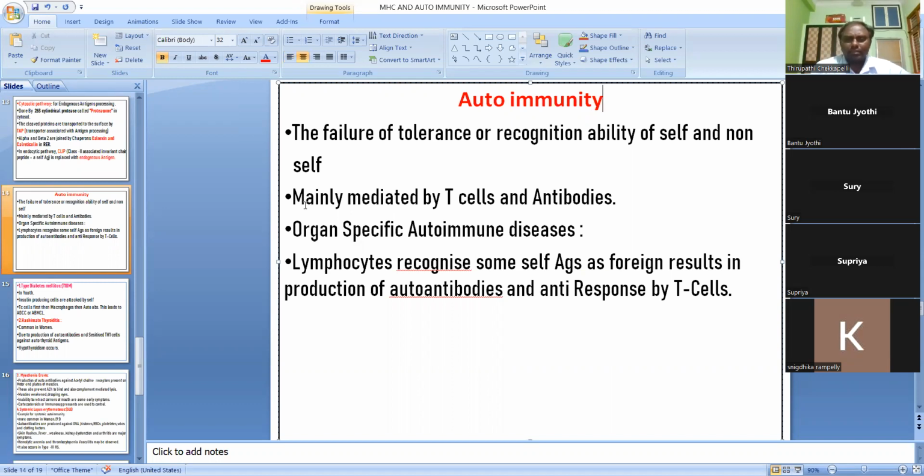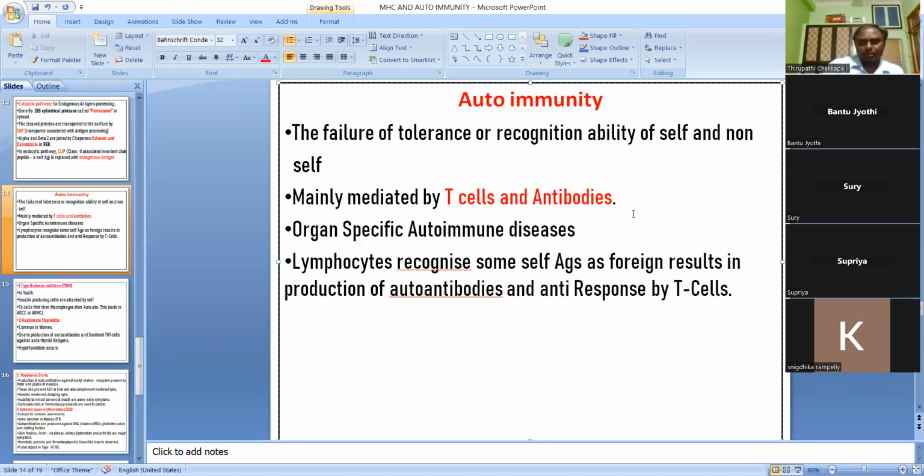Here there is no role of the innate immunity. Only T cells and the antibodies, that are the parts of the acquired immunity, participate in autoimmunity.